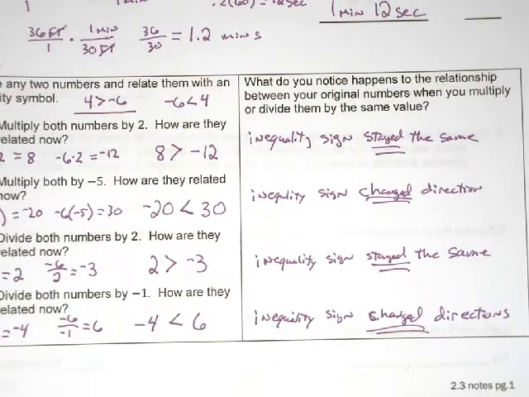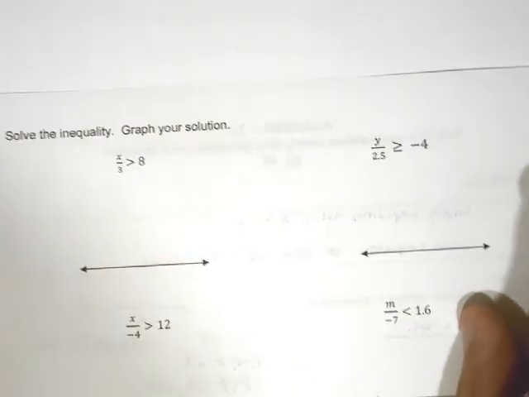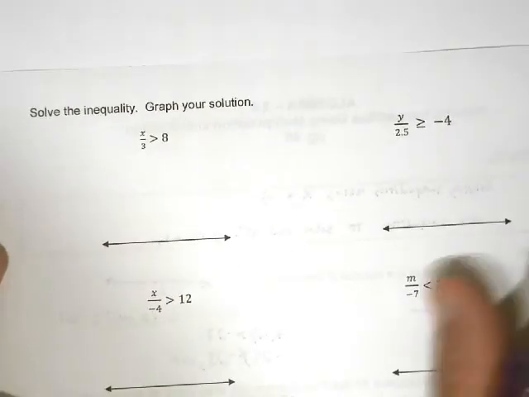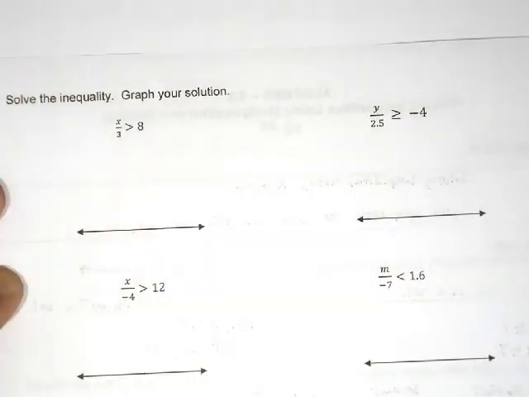When you multiply or divide by a negative number, the sign needs to change. So, doing that, we have a couple here I want to go through together, and then we'll let you do a couple on your own also.